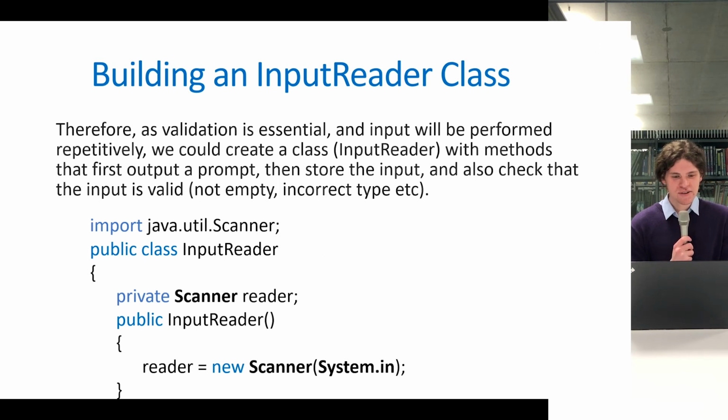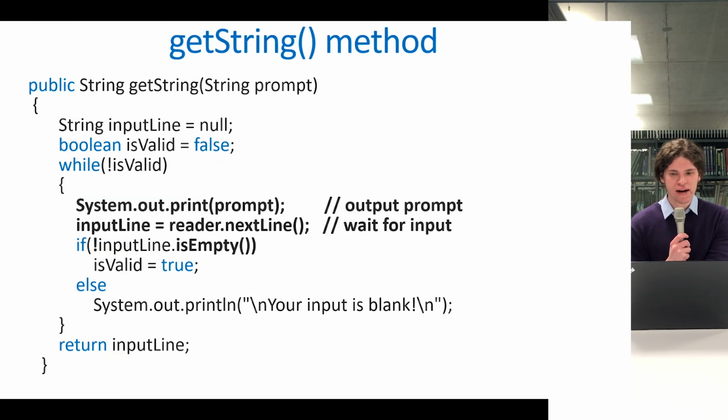We're importing the Scanner at the top, which we're required to do. Then we're creating a field of this class called reader, of the Scanner type. And in the constructor, we instantiate it, passing in System.in, remember?